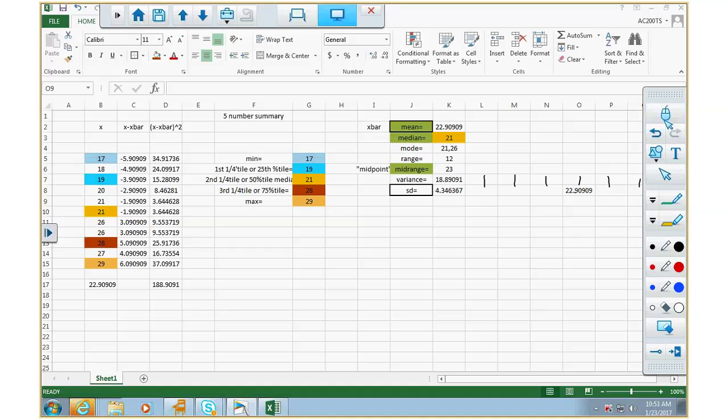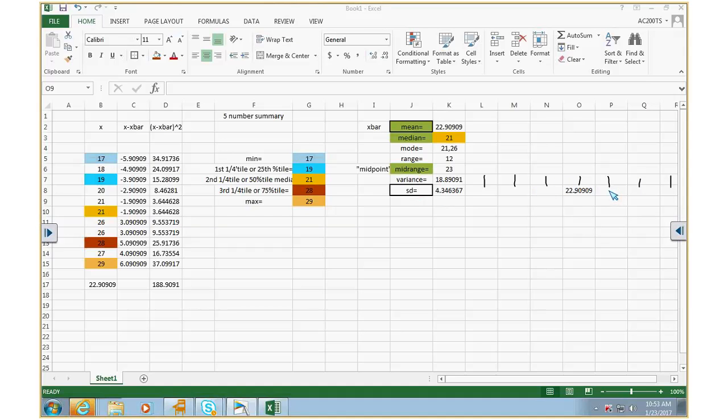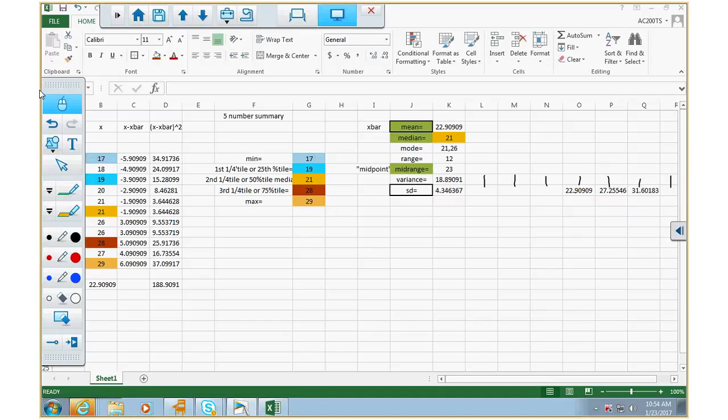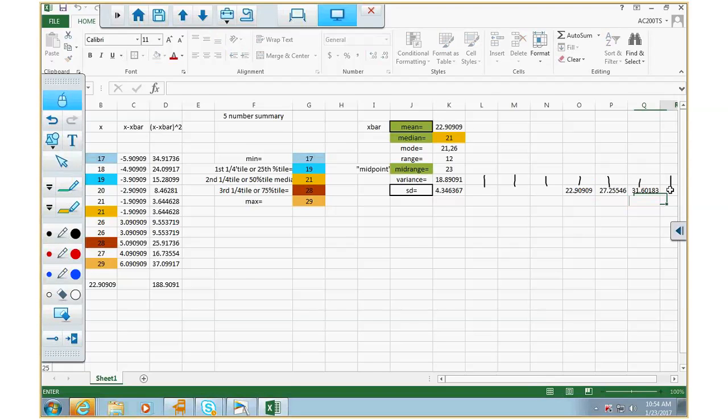Okay. All right, now what am I going to add to this side? You're going to add the standard deviation on each side and subtract it on each side. So here we're going to add 4 point blah blah blah to 22. I'm going to do it again. And one more time.